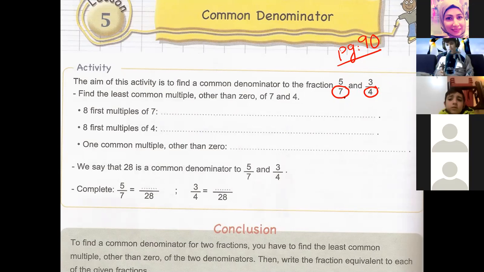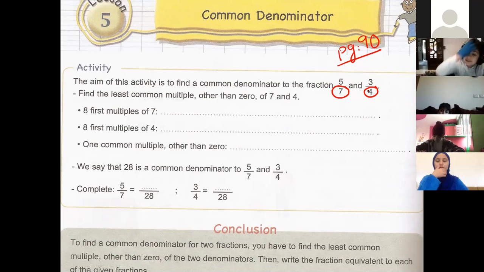We will learn how to make the denominators the same. I will find the multiples of 7 and the multiples of 4. The first common multiple other than 0 we name the common denominator.